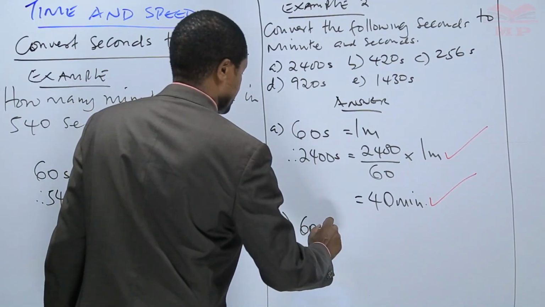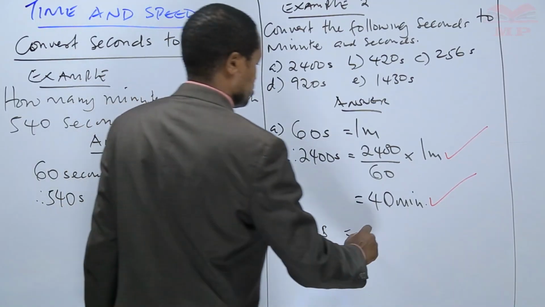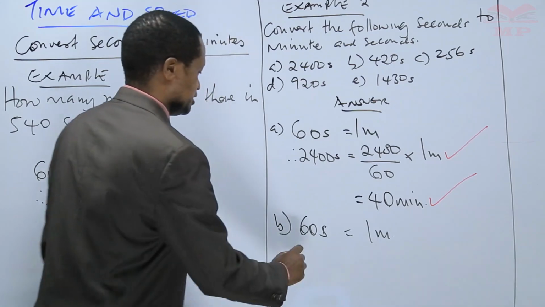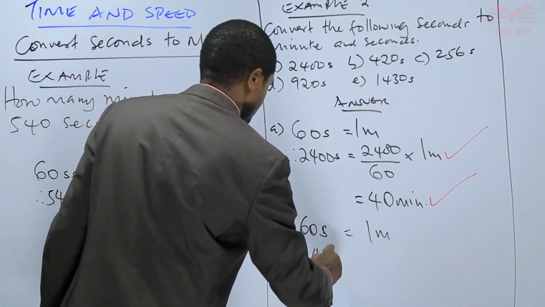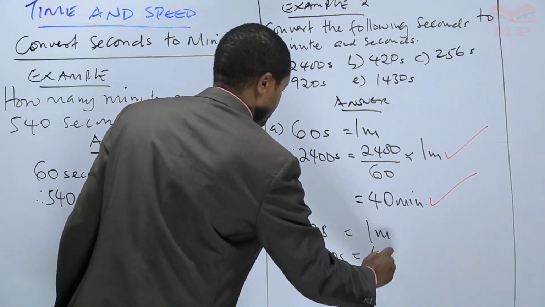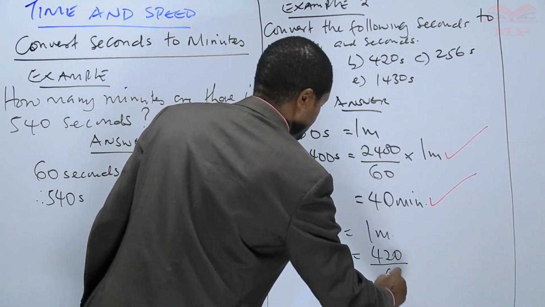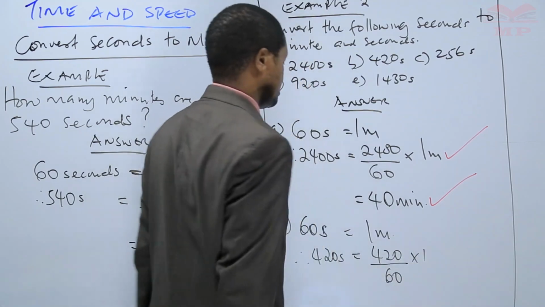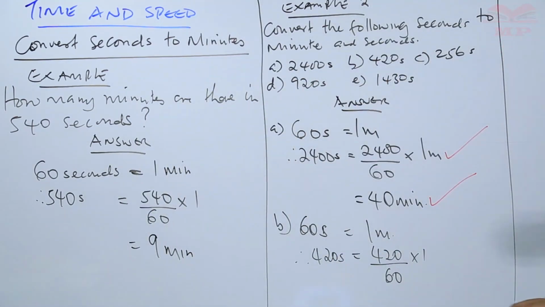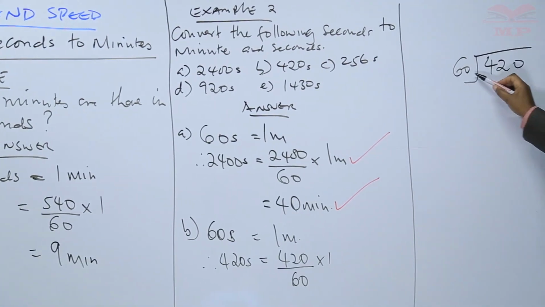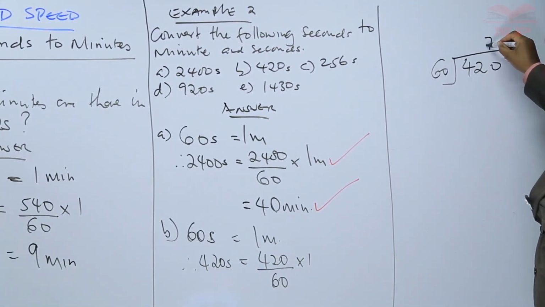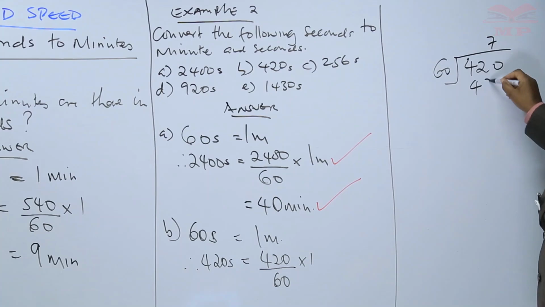B, 60 seconds is equal to 1 minute. Therefore 420 seconds will be equal to 420 over 60 times 1. So we divide 420 by 60. 60 goes into 420 7 times. 7 times 60 is equal to 420.